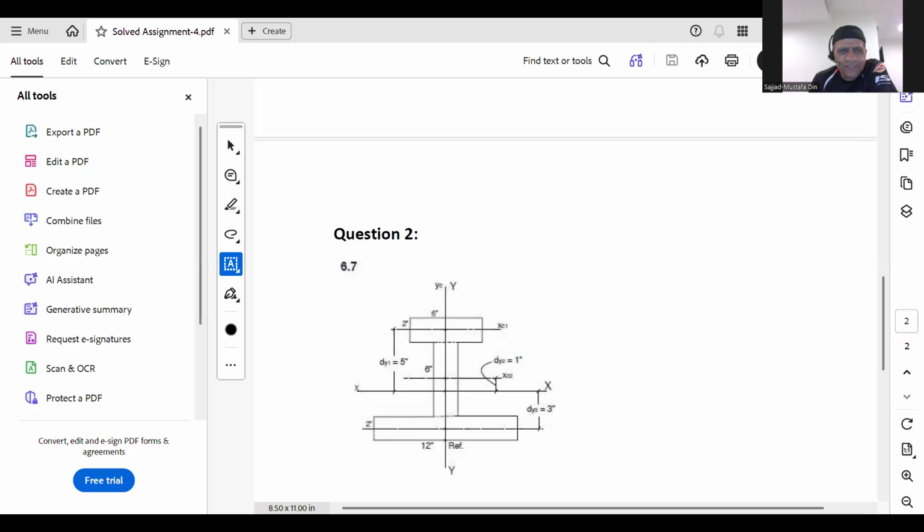Question number two. So it's going to be a bit of a challenge, but you should be able to finish it. So in this case, what I would do is I would use, let's see, this would be number one, number two, and number three. One, two, and three.